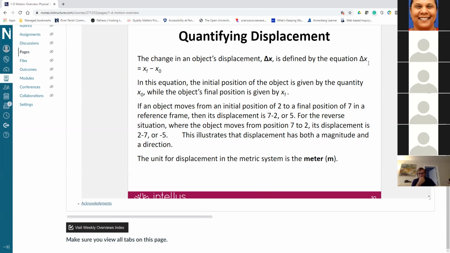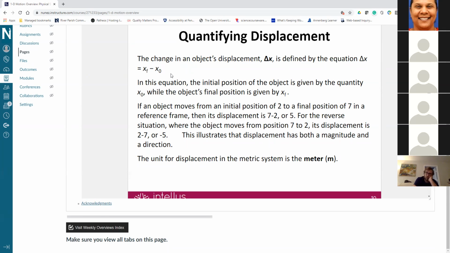The way we get delta x is we take the final position minus the starting position. So in this formula, delta x equals x final minus x naught. This might be a new terminology, this subscript 0. We say x naught, or the initial position.